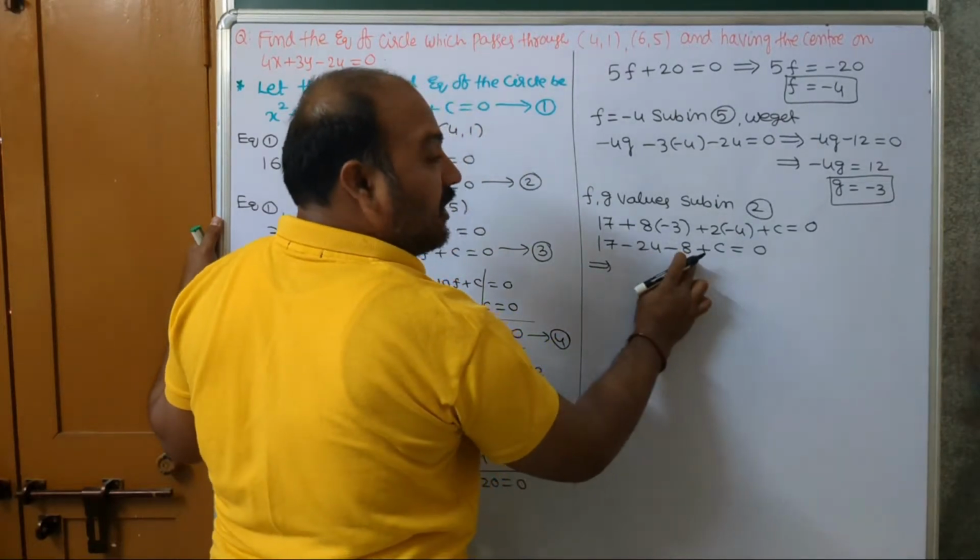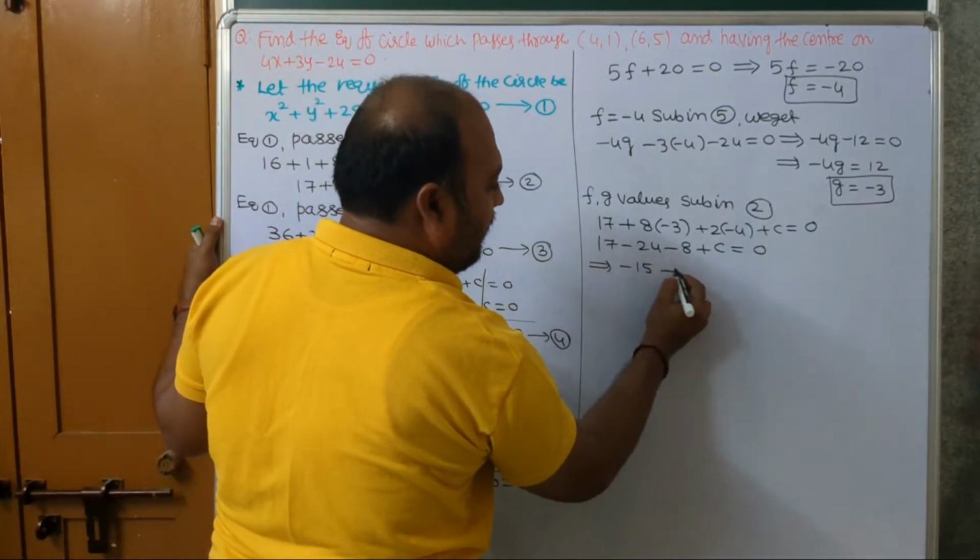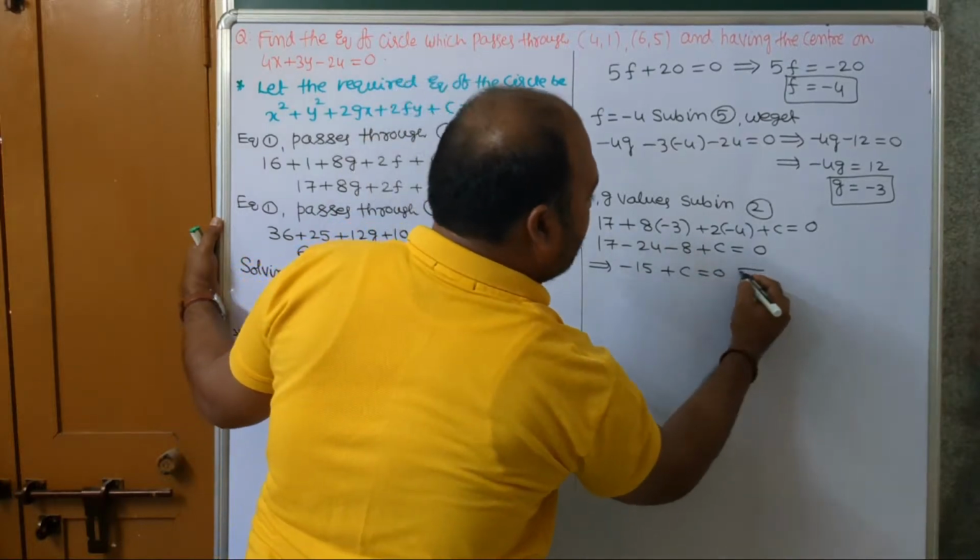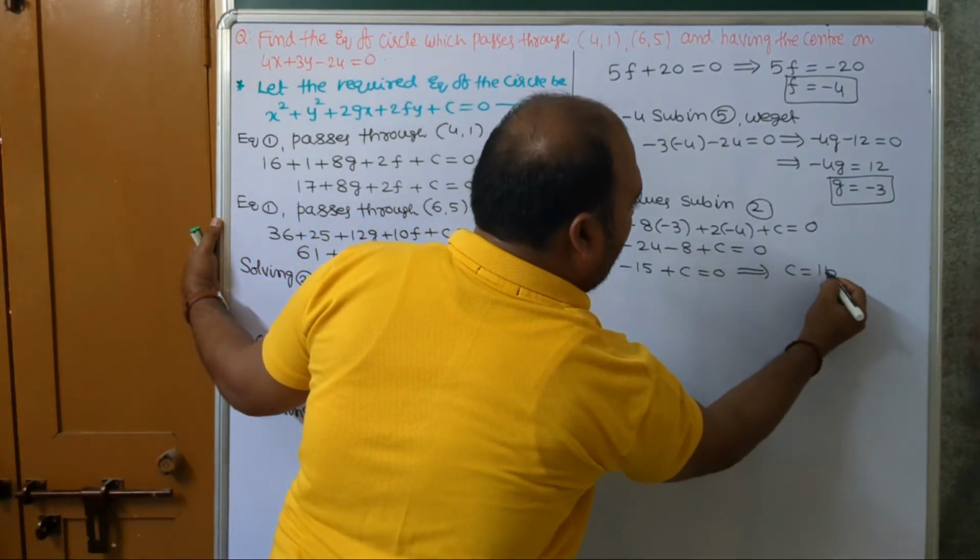So 24, 32, so minus 15 plus c equal to 0. That implies c equal to 15.